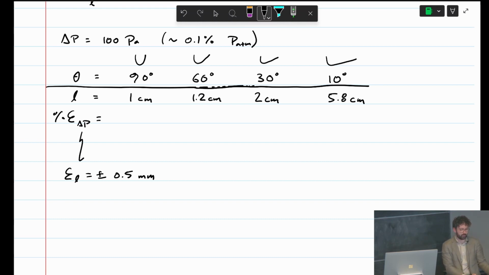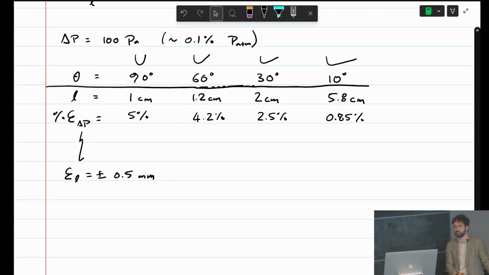Say you don't have that good of a ruler; this is just to illustrate how much benefit you actually get from inclined manometers. So you go to plus or minus 0.5 millimeters, and you get a relative error in your pressure of 5%, 4.2%, 2.5%. And at 10 degrees, you go down to 0.85% error.